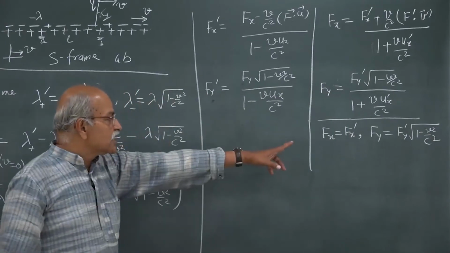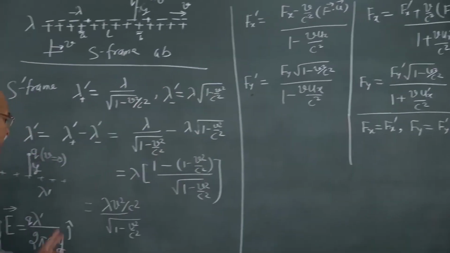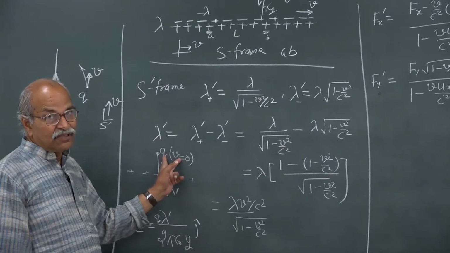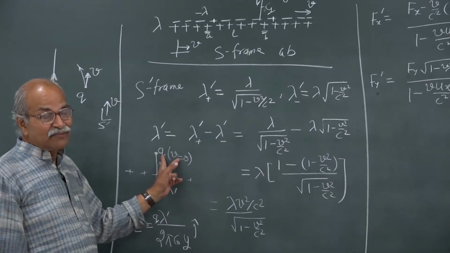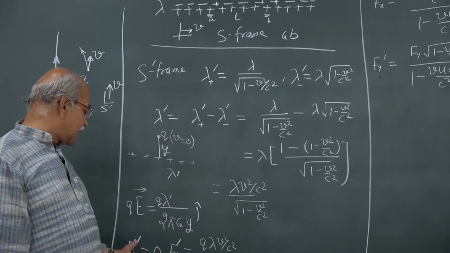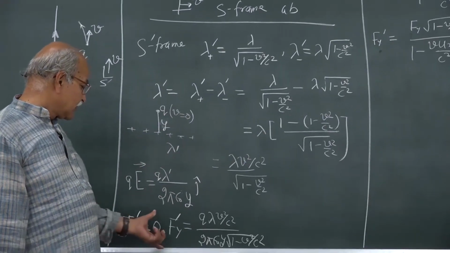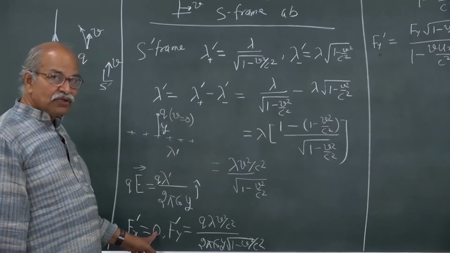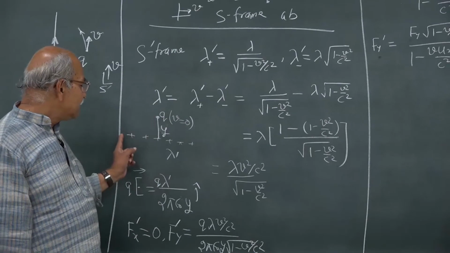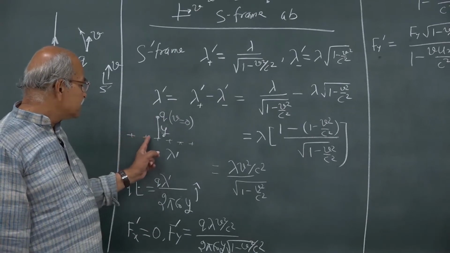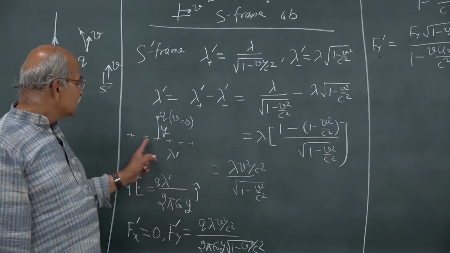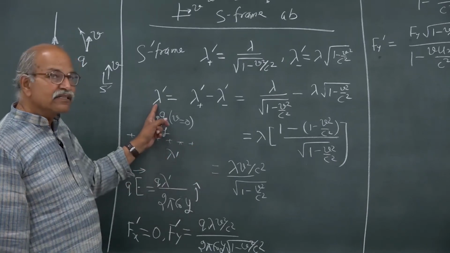So, this is the transformation equation in our case, where the velocity of the particle is 0 in S prime frame. Then fx prime is 0, the x component of the force on this particle is 0. I have a net positive linear charge density, a long line charge, so the electric field will be in y direction.